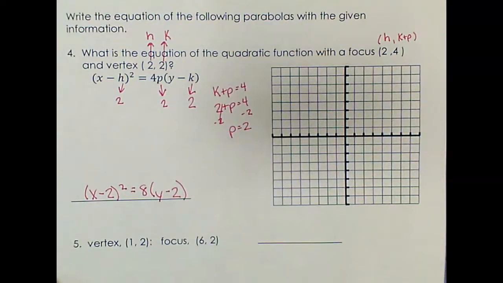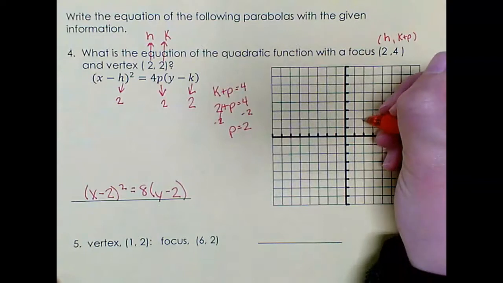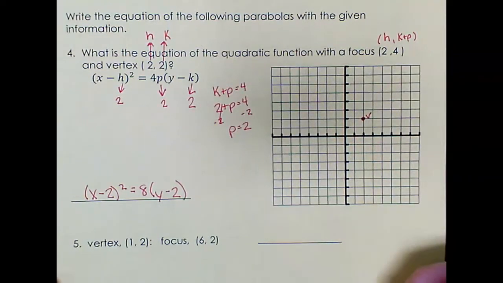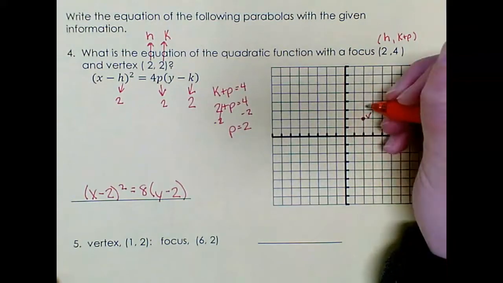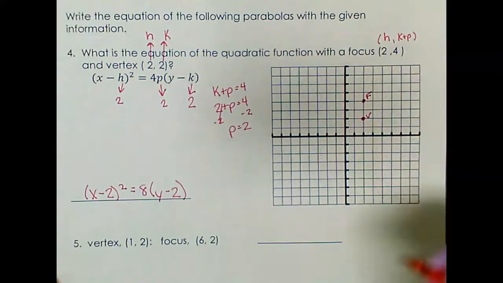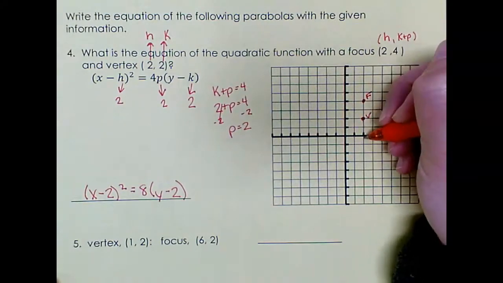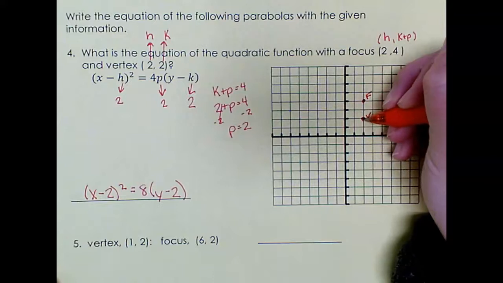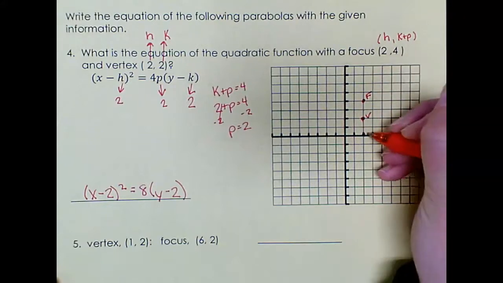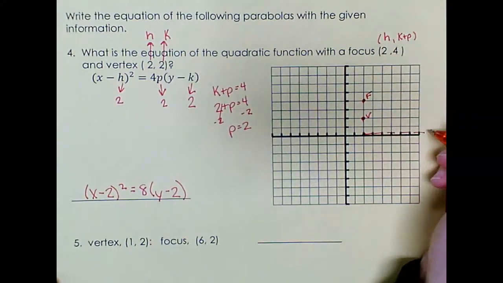And if I plot this, my vertex is at (2, 2). My focus is at (2, 4). The directrix is the same distance away from the vertex as the focus is, just in the other direction. So 1, 2, 1, 2. Here is my directrix.